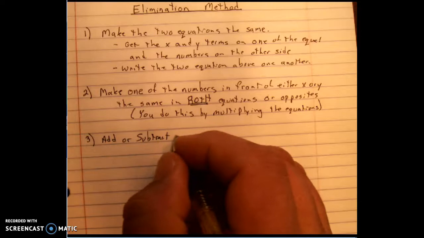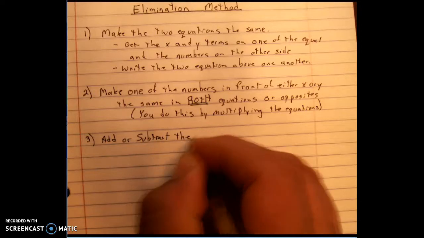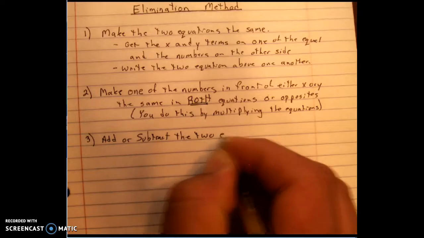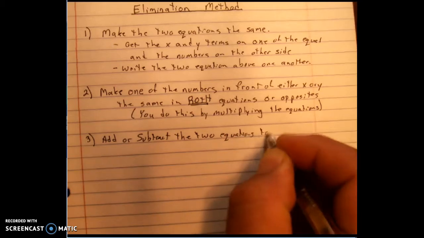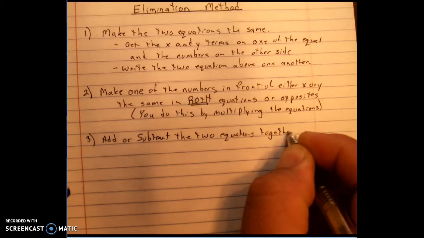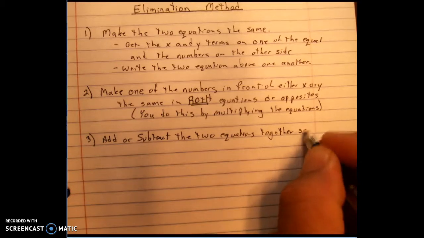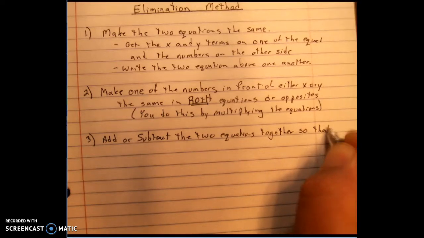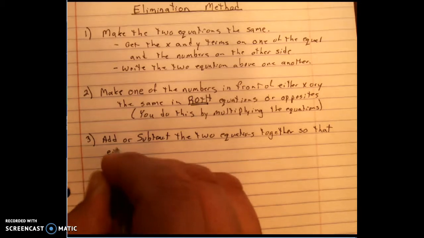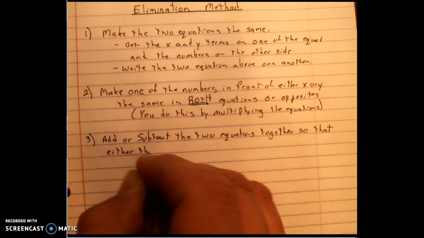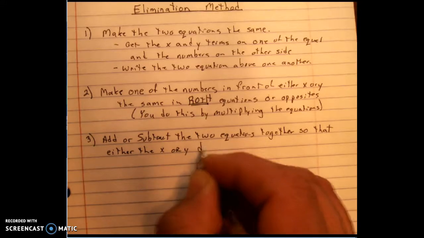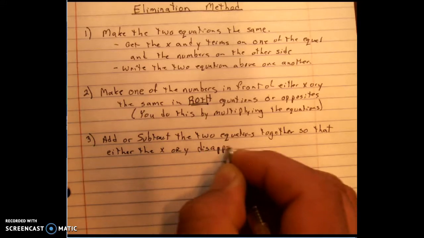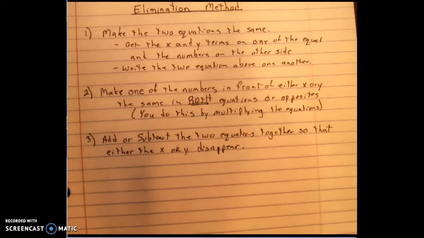So you add or subtract the two equations together so that either the x or the y disappears. One of those two variables will disappear.